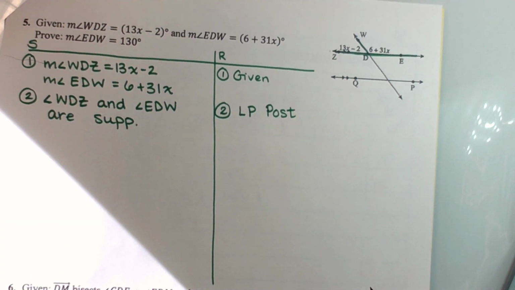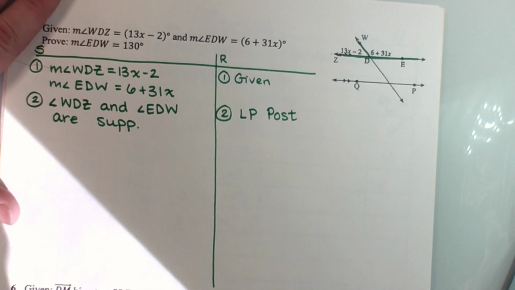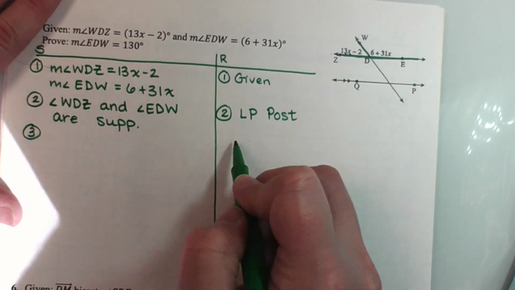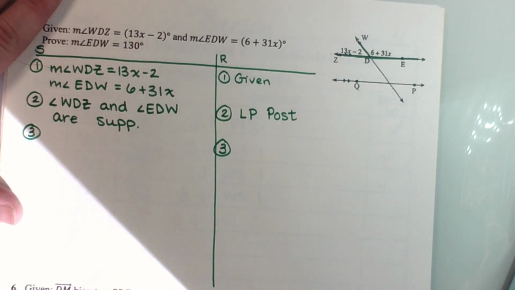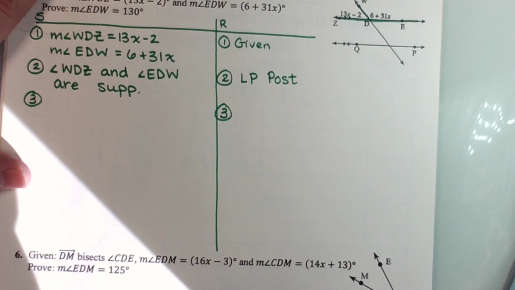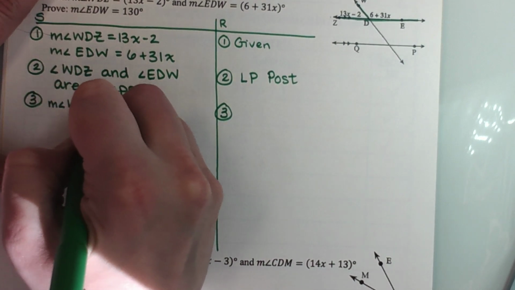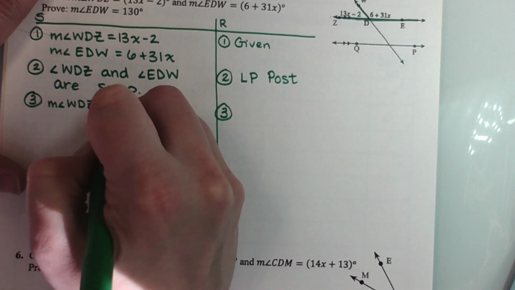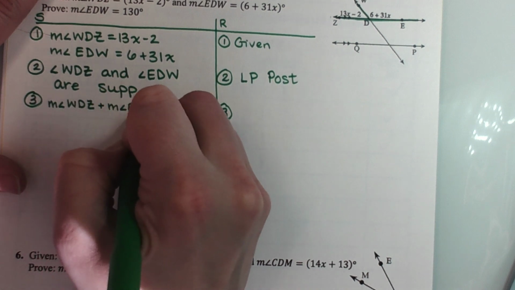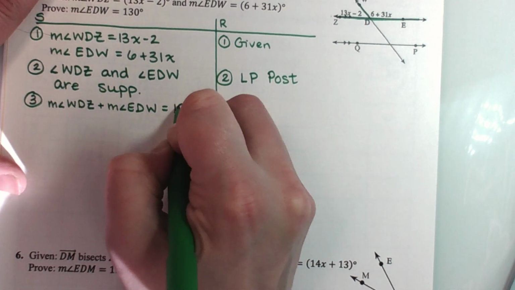I have to write that first. That's what the actual postulate says I'm allowed to do. Now that does mean they add up to 180, right? Yeah. Which means my next step is what I had initially said. Measure of angle WDZ plus measure of angle EDW equals 180.